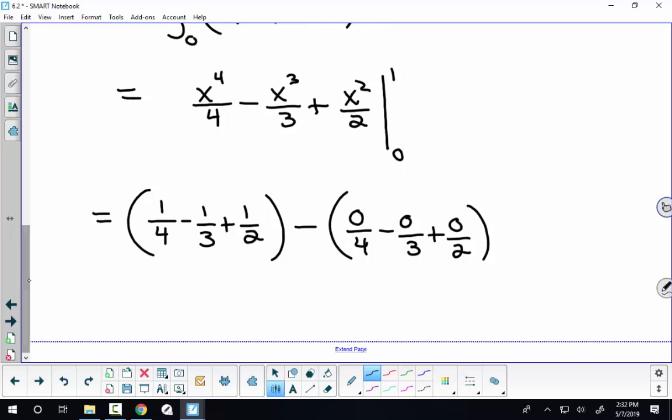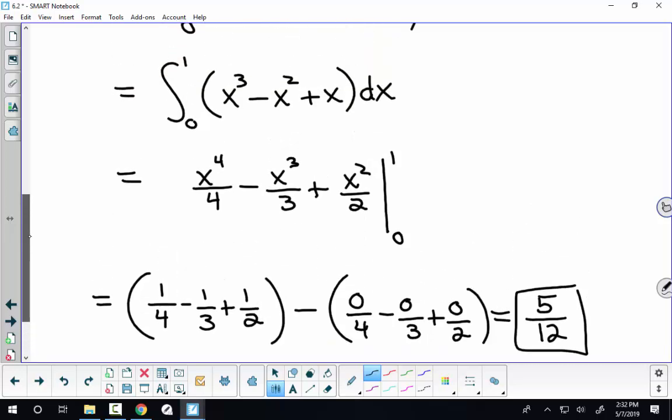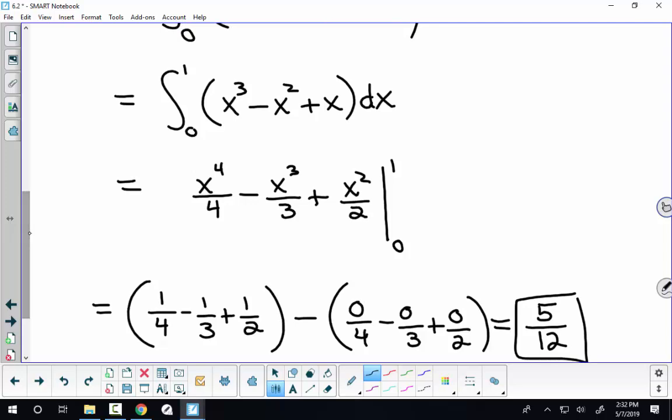So that's 5/12 minus 0, or 5/12. Okay, so that's kind of secondary. The setup, anybody have any questions on the setup?